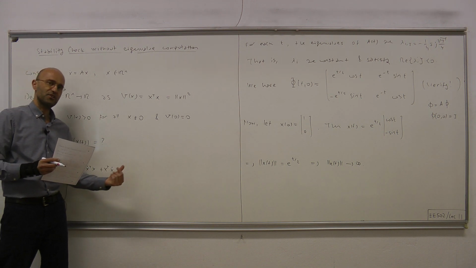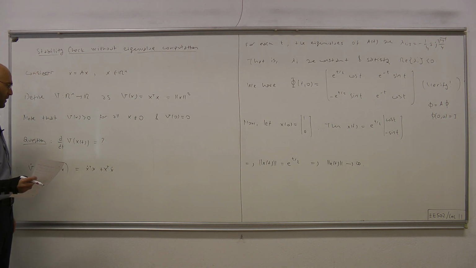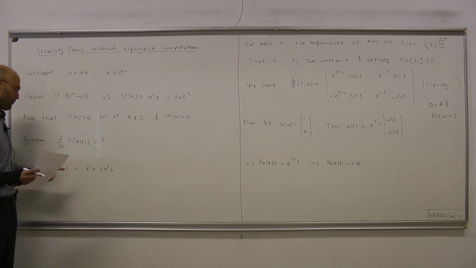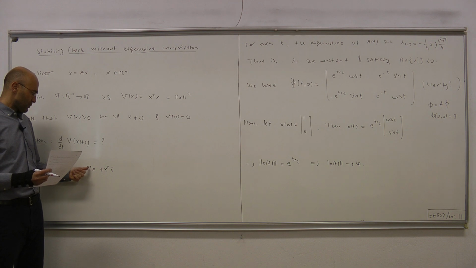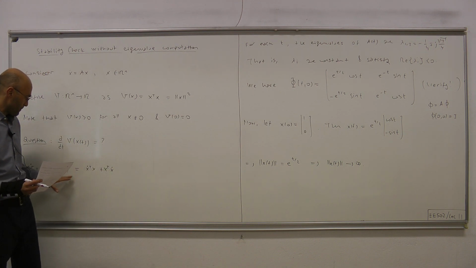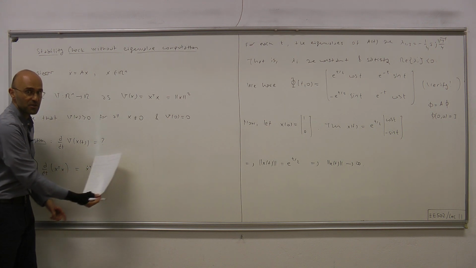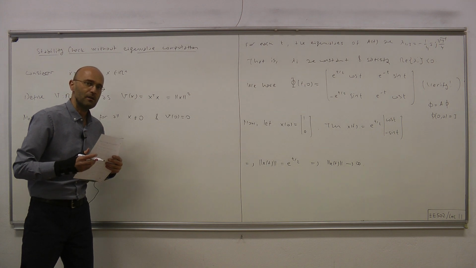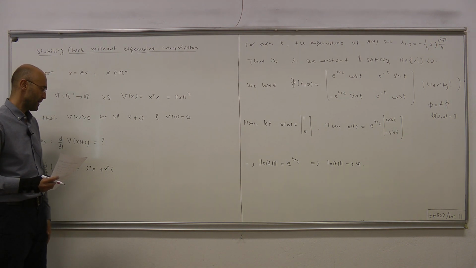So here all the x's are x of t. For simplicity, I just don't write t. Now v is a scalar, therefore its time derivative is also scalar. And you would notice that x dot transpose x and x transpose x dot are the same thing. So instead of writing this, we could have written 2 times x dot transpose x. But for certain notational conveniences, let's keep it this way, okay?